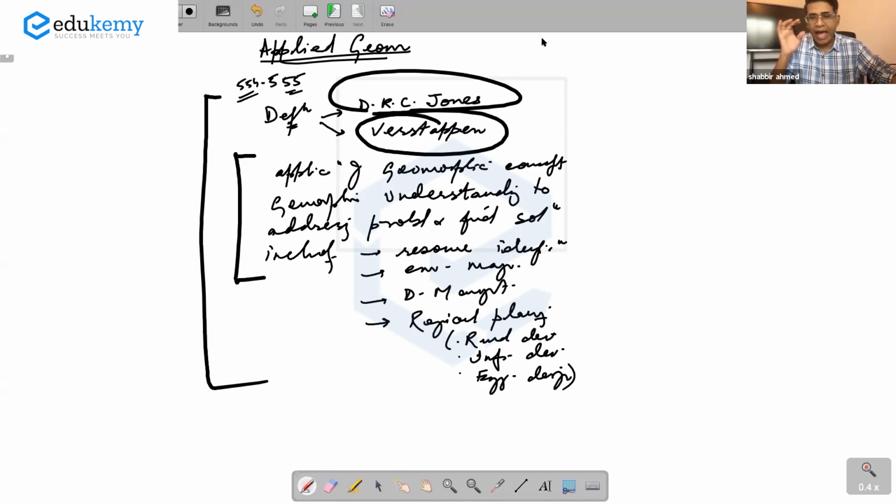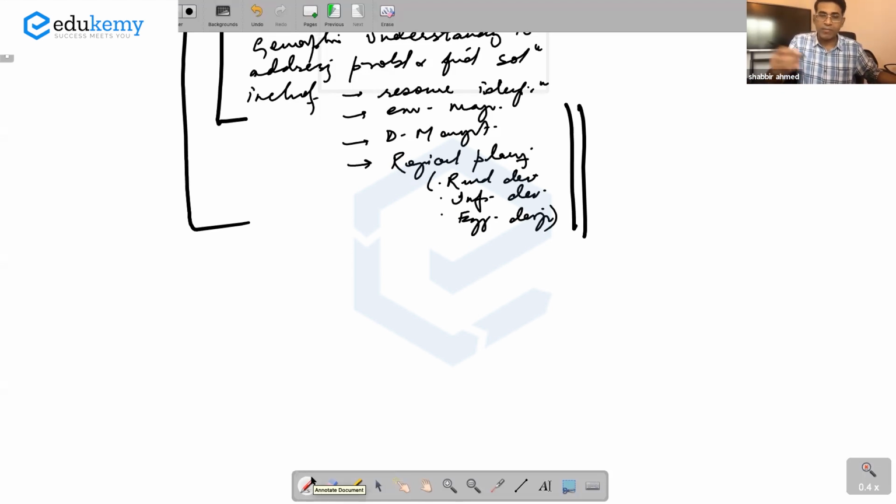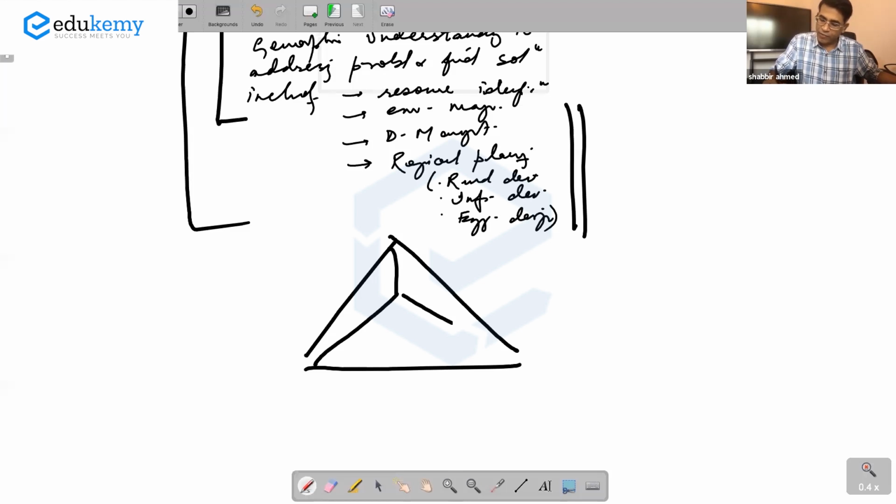So any answer on applied geomorphology, start the answer with a small definition, mention the name of D.K.C. Jones, mention the name of Verstappen, list down. The listing you can also do as a part of some other diagram. You can think of a diagram of this kind maybe, if you want to add something, and you can add down what are the components of applied geomorphology.